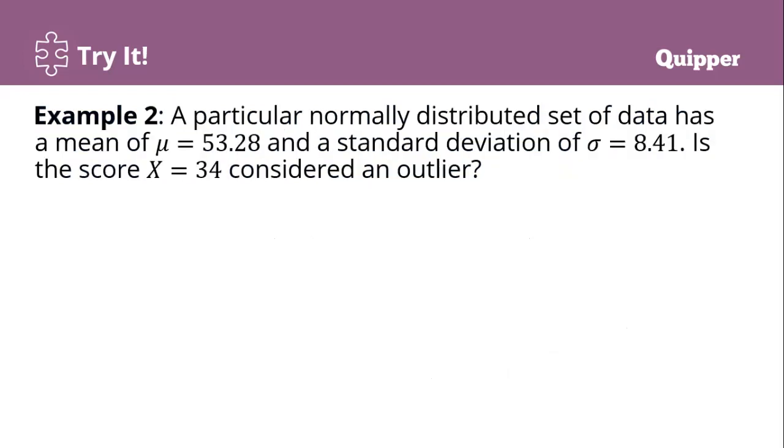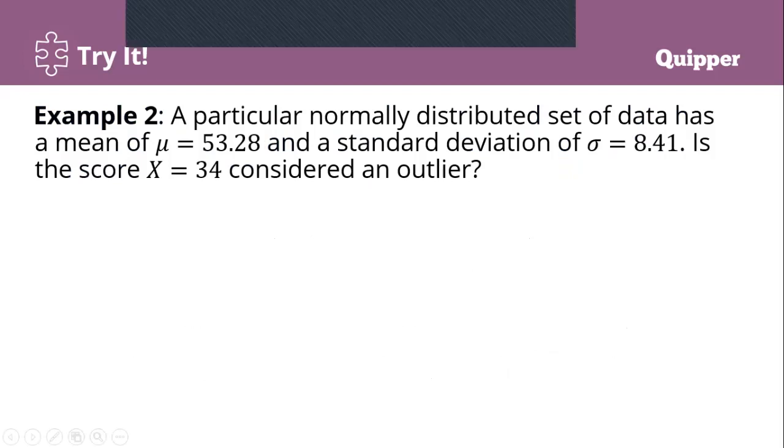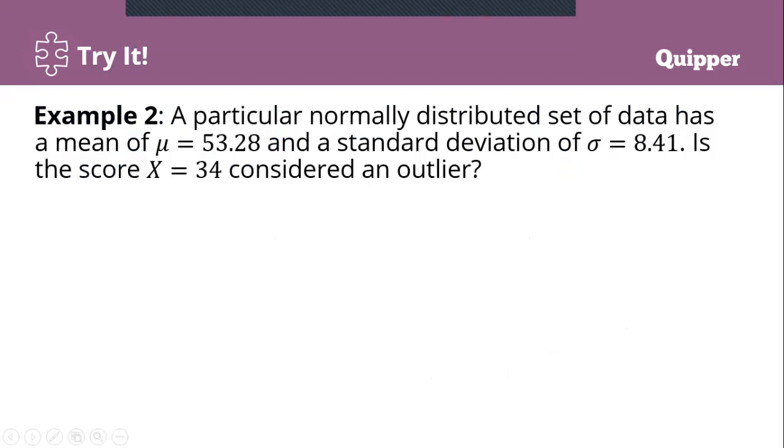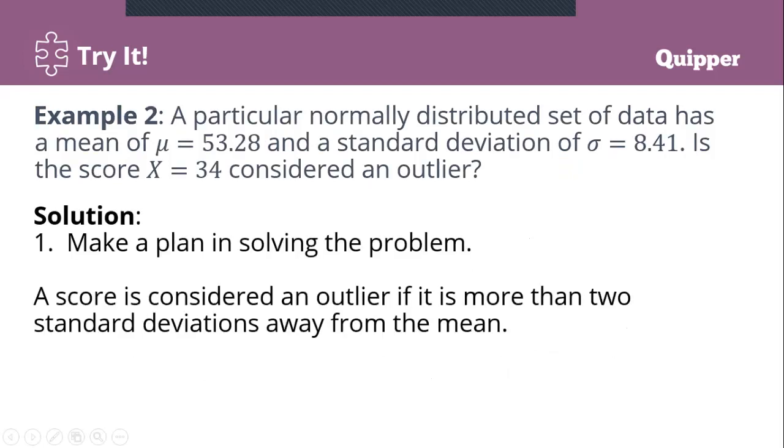Next: a normally distributed set of data has a mean of 53.28 and a standard deviation of 8.41. Is the score x = 34 considered an outlier? So the question is whether 34 is an outlier. Let's make a plan in solving the problem. First, a score is considered an outlier if it is more than 2 standard deviations away from the mean.